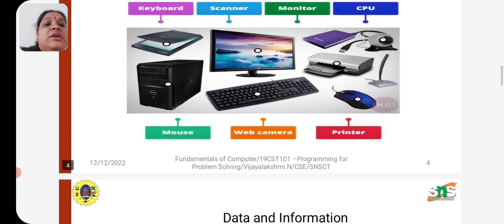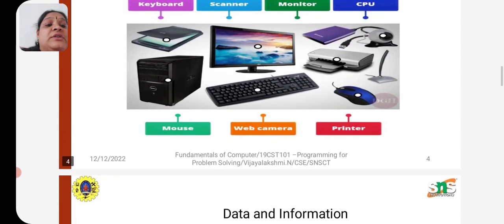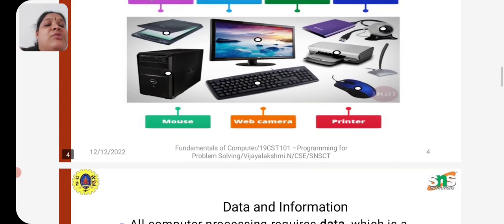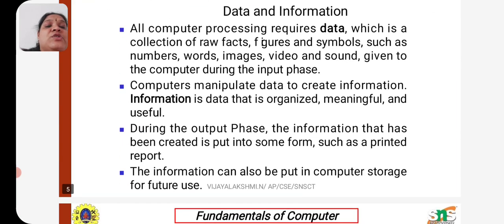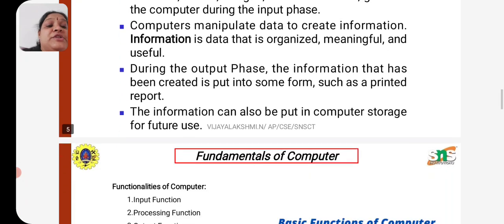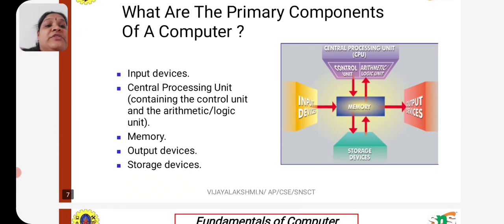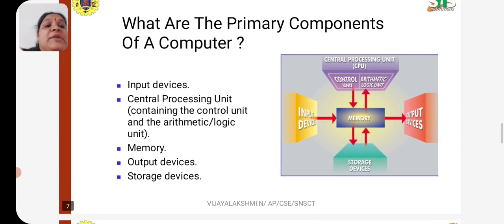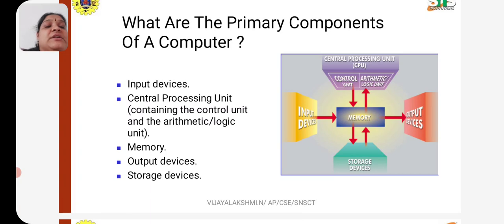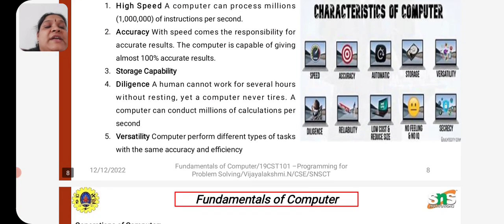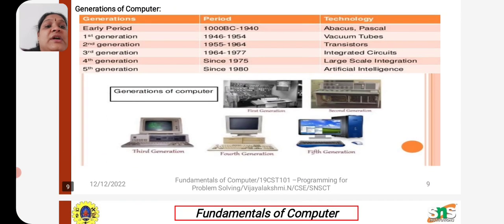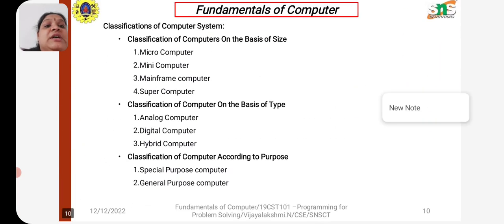We saw the parts of the computer: keyboard, scanner, monitor, CPU, printer, everything. And we saw the difference between data and information. Primary components we saw: input device, CPU, memory, output device, and storage device. We saw the characteristics of computer and the generations of computer. And at last we saw the classification of computers.